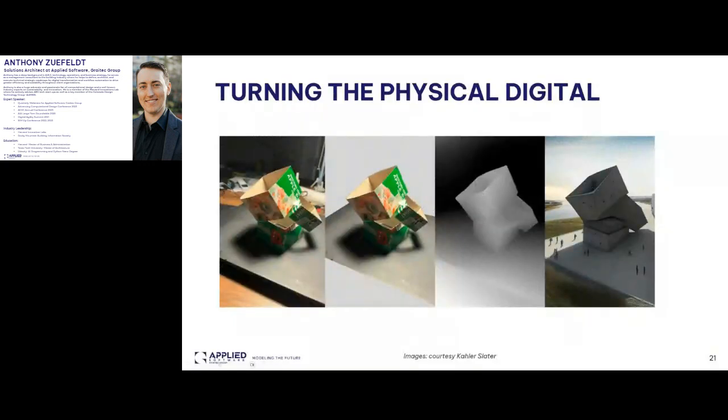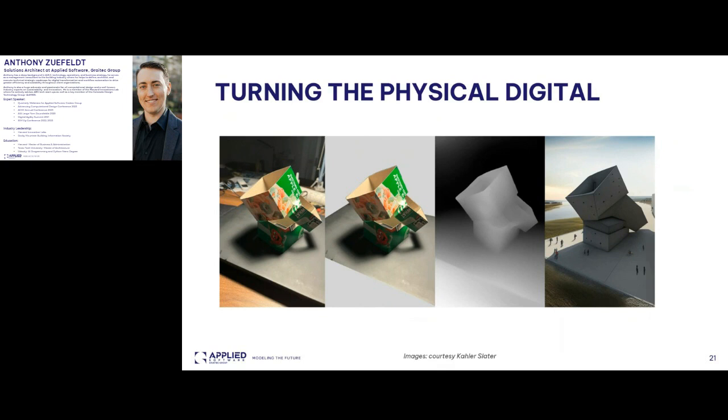Another really interesting example is being able to turn the physical digital. This is interesting work by Kahler Slater, a Milwaukee-based architecture firm. What they've started doing is taking simple hand sketches or even physical models and translating them into Midjourney.